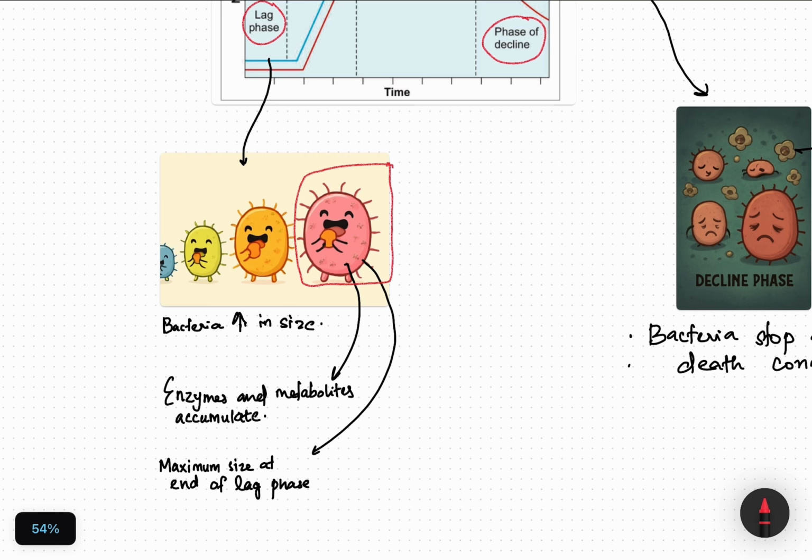While he is eating, he is making enzymes and metabolites. So you see, the bacteria keep increasing in size, enzymes and metabolites. See these granules here; they depict enzymes and metabolites accumulating in him. And see, the last one is the biggest and the fattest of all. So maximum size is reached at the end of the lag phase.